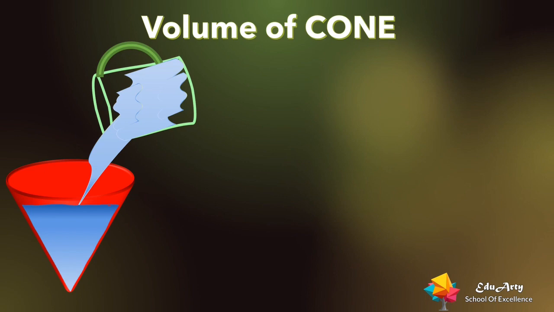Correct. Here we are trying to see what is the volume of a cone. We are not going to derive any formula. So basically volume is capacity. The other word that we can use for volume is capacity. The capacity to hold or occupy space, or occupy liquid or solid material, is volume.